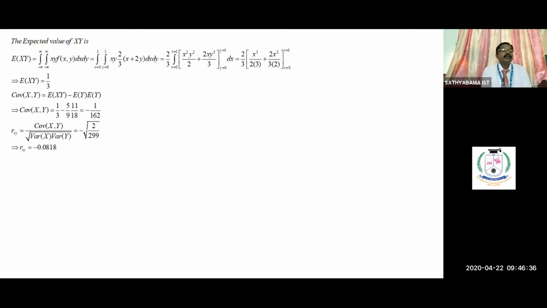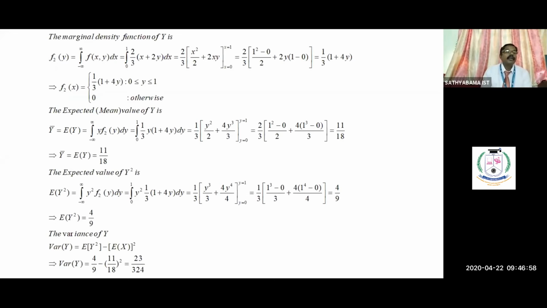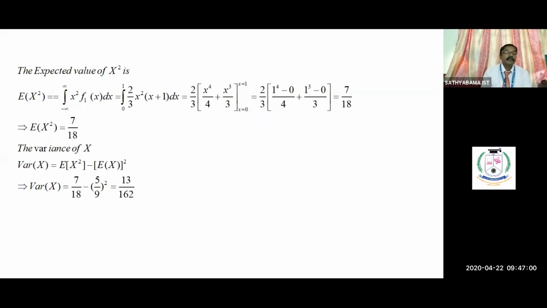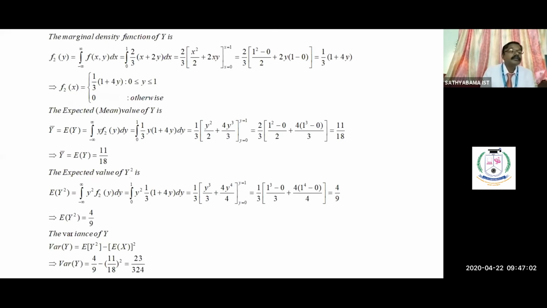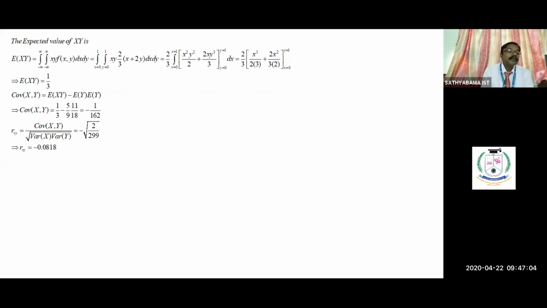Next we have to find the covariance of xy by the formula E of xy minus E of x into E of y. E of xy we have already calculated. E of x and E of y are nothing but the mean values of x and y we have calculated. That is, covariance of xy equals minus 1 by 62. Here R of xy is the correlation coefficient.